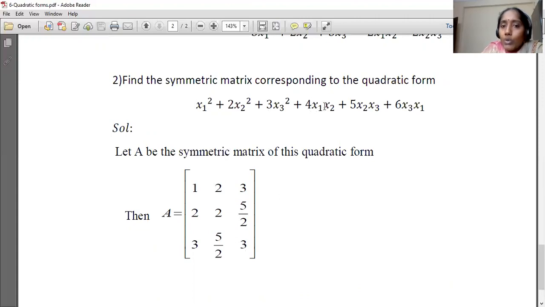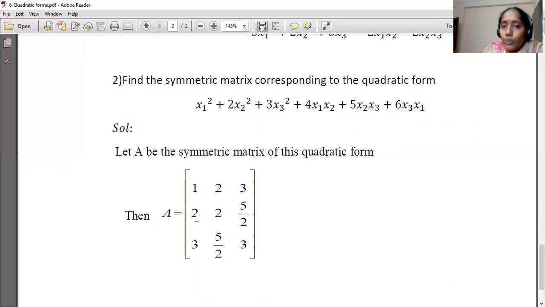Here the x1x2 coefficient is 2. So divide this coefficient by 2 and replace this value in the places of a12 and a21, distributing the coefficient of x1x2 evenly.